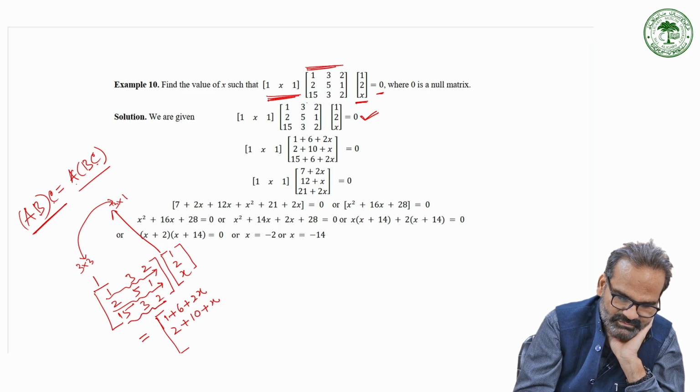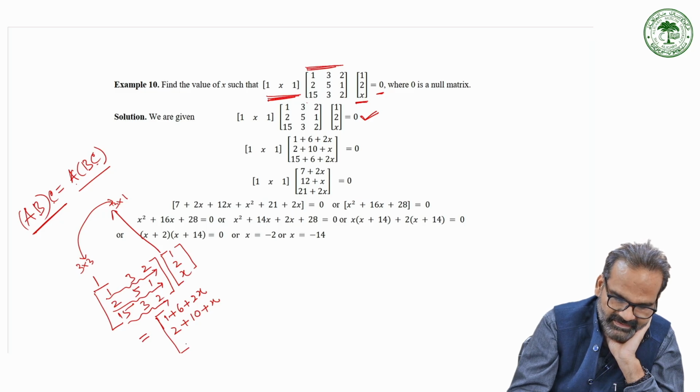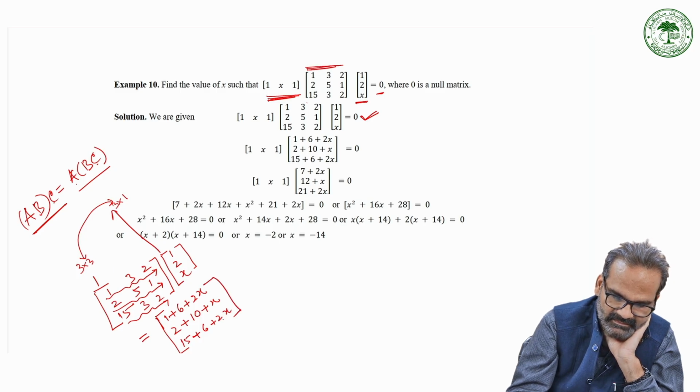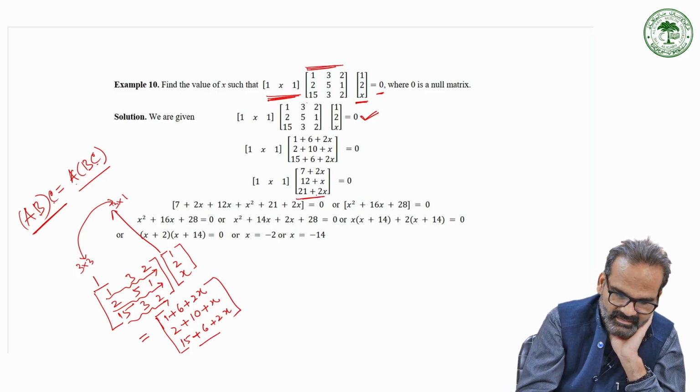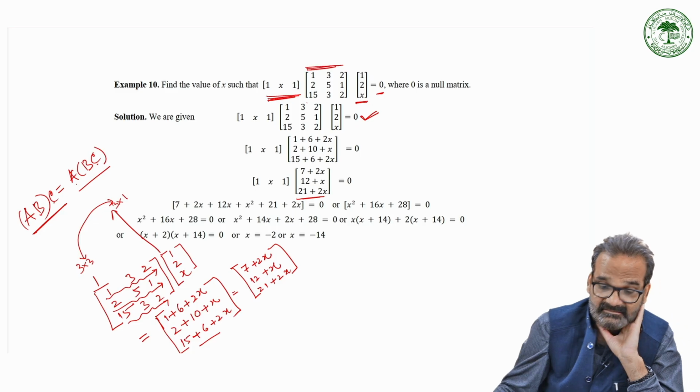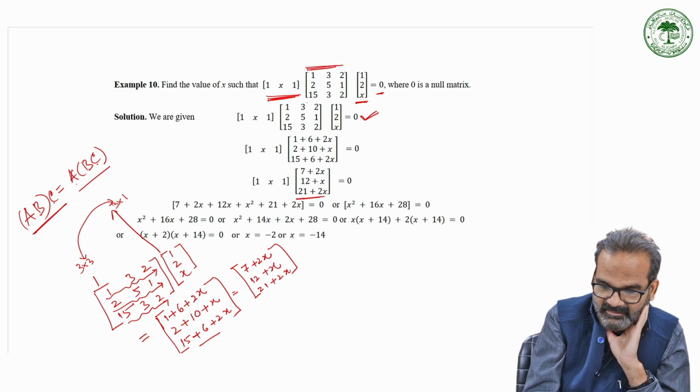Now the third row should be multiplied with the column: 15 into 1 is 15, plus 3 into 2 is 6, plus twice of x. So this is the product, which is equal to 7 plus 2x, 12 plus x, and 15 plus 6, 21 plus twice of x. This is the product of second and third matrix, right?